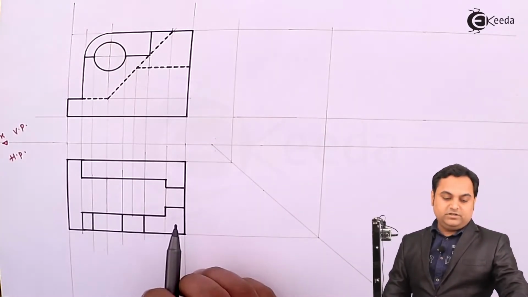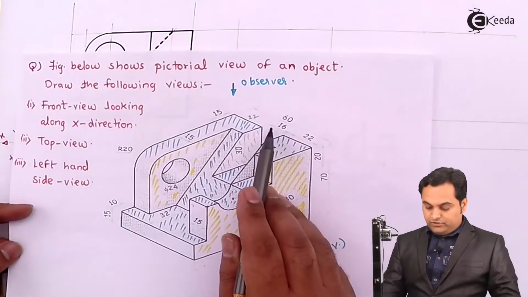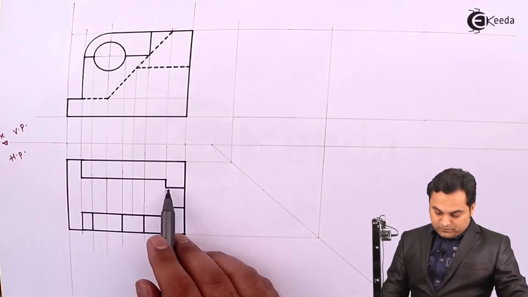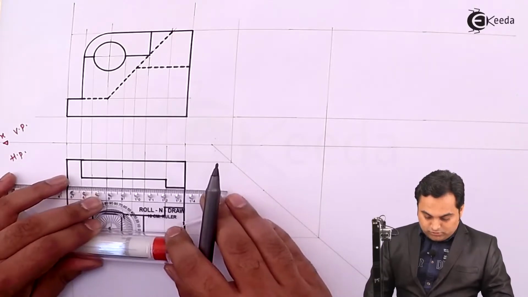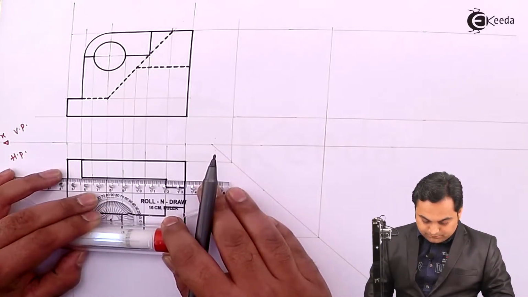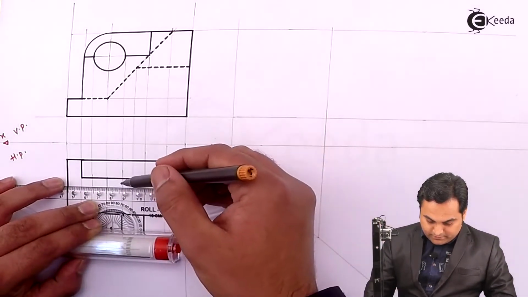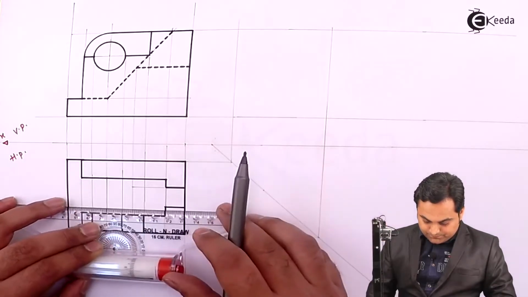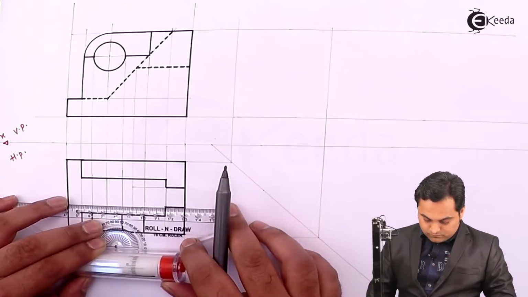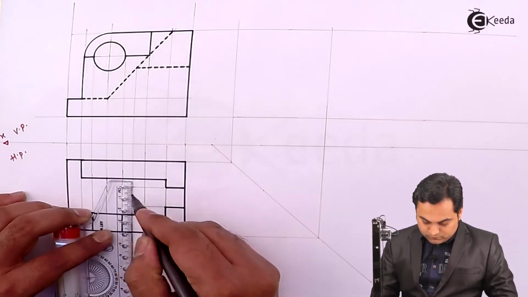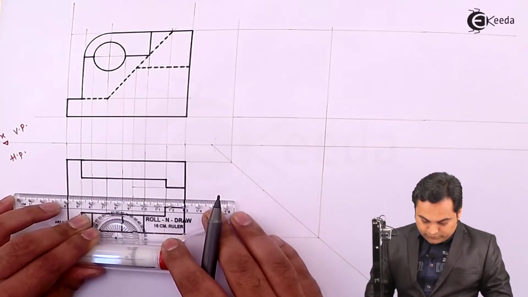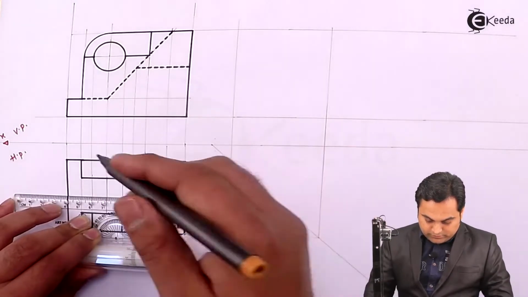Now that cut is having a width of 16 mm. So I'll be directly projecting this 16 mm distance which I already had taken, projecting it back to get the cut. Drawing the center line for this cut.